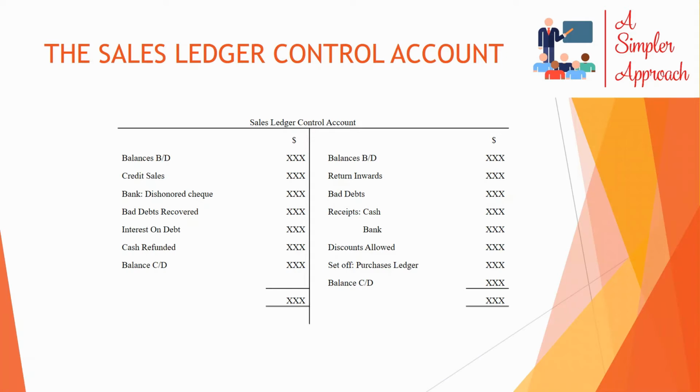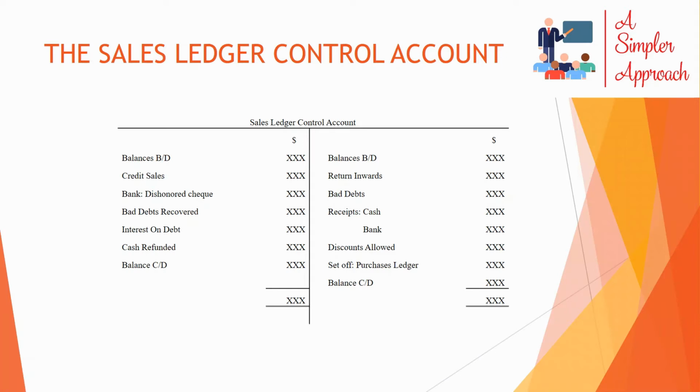Dishonored checks are checks that were paid to us by our debtors, but unfortunately, they are no good. They are bounced checks, for want of a better way of saying it. So when that happens, the debtor's account is debited. Bad debts recovered.